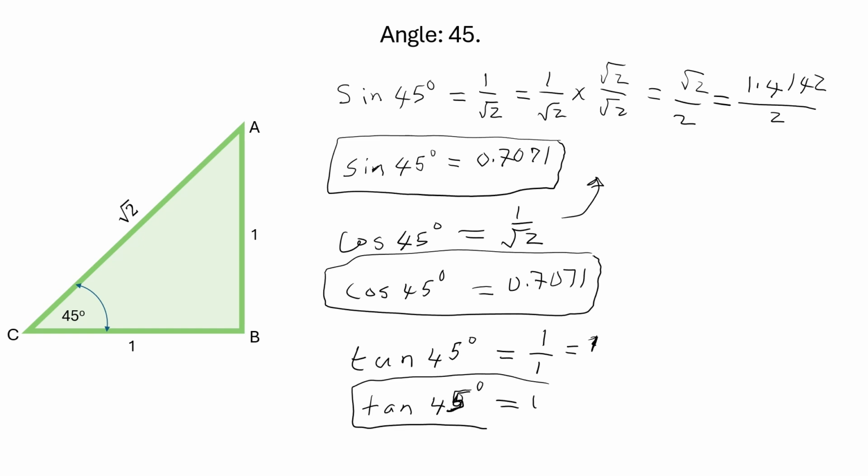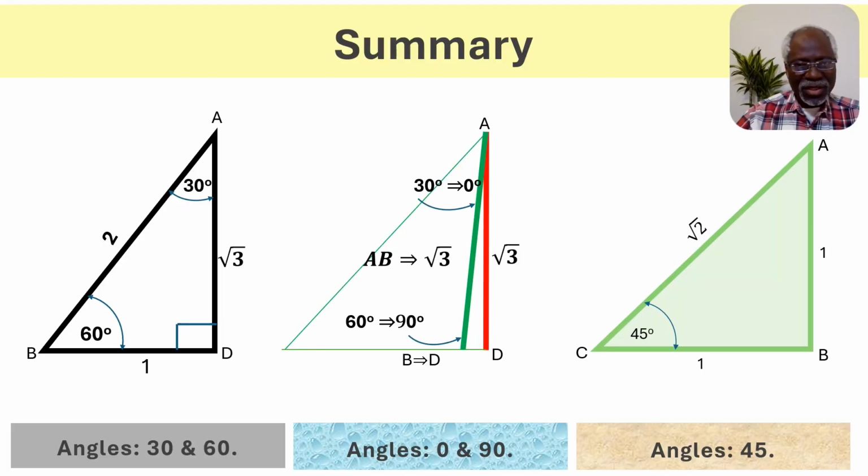If you put all of these values in your calculator, you should be able to get the same answers. In summary, anytime I have to work with 0, 30, 45, 60, and 90 degrees, I just recall these figures and then I get the solutions without any calculator.